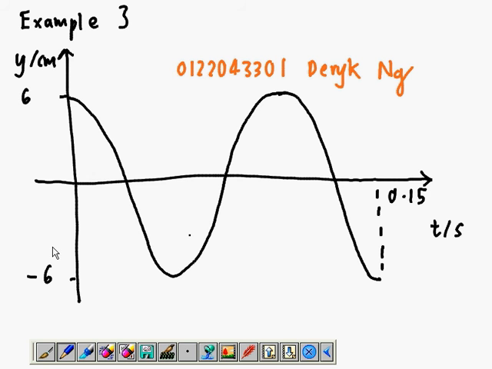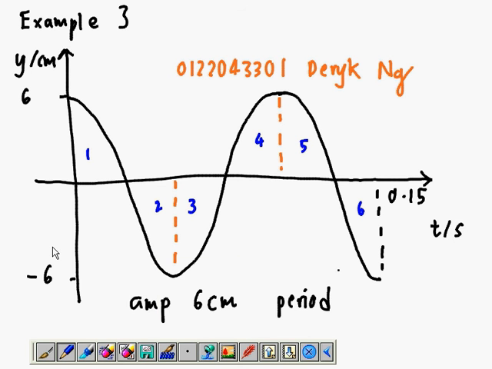Now, this one amplitude is 6 cm. And the time is 0.15, but that's not the period. So we have to analyze the graph carefully. We separate it into a few regions. It seems to me we have 1, 2, 3, 4, which is one cycle. 5, 6 is another half cycle.